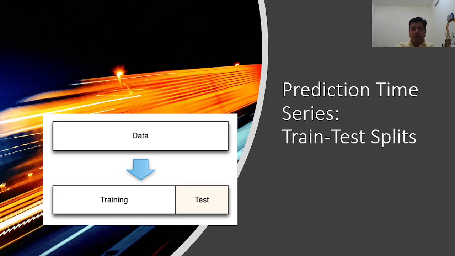We can apply three different techniques to perform the train test split. That is the first technique, and then there are two more techniques that I am going to discuss. In the first technique, given the entire data, we divide it into training and testing separately.